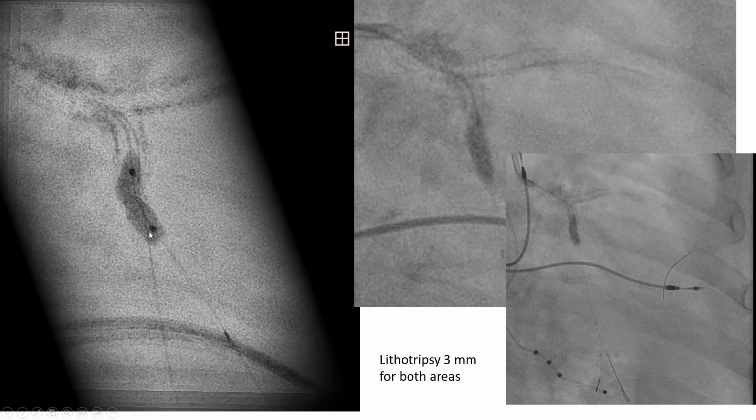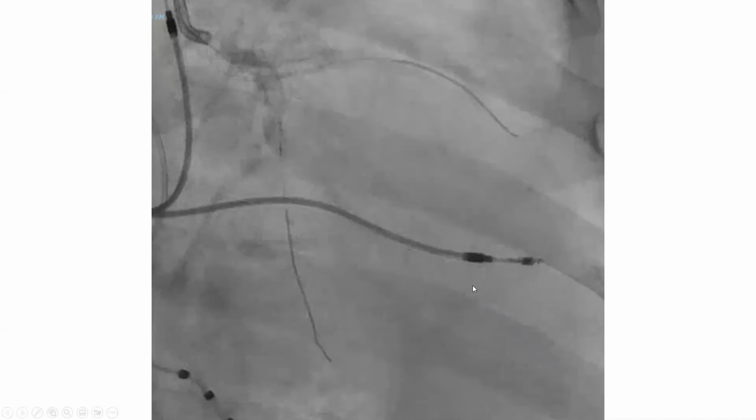And after lithotripsy, I used a 3.5 millimeter non-compliant balloon for the underexpanded area, which yielded very easily after lithotripsy. It did not yield before, but it yielded very easily after lithotripsy. Then I did drug-coated balloon therapy of that area of the stent, which is calcified neoatherosclerosis, after using lithotripsy and high-pressure balloon.